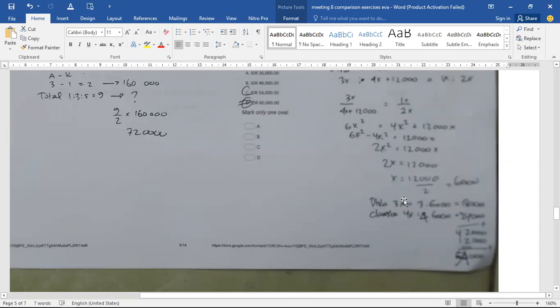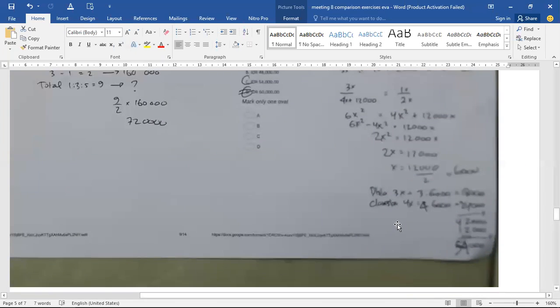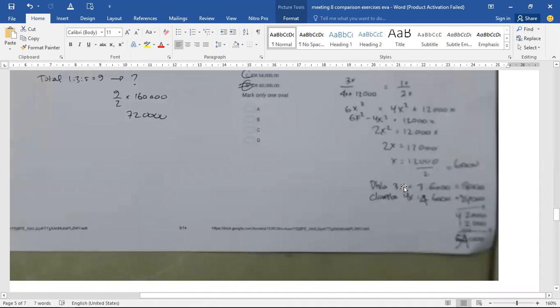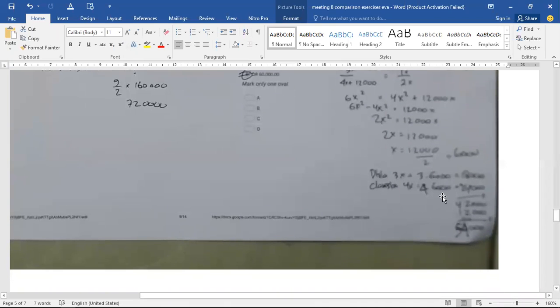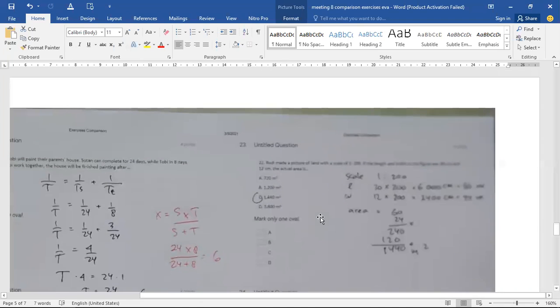After that, we can substitute x into each portion from the ratio, like 3x, 3 times 6,000 is 18,000, and 4x, 4 times 6,000 becomes 24,000. So the total is 42,000, and 12,000 from her dad, so 54,000 rupees.